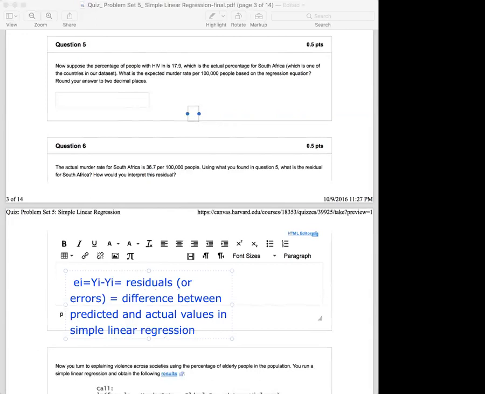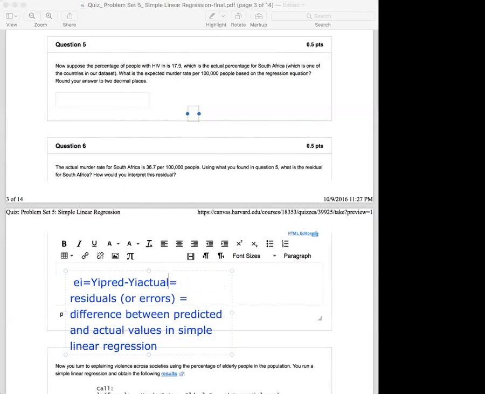Conceptually, e_i is basically each y_i predicted minus y_i actual. You could say something like this.